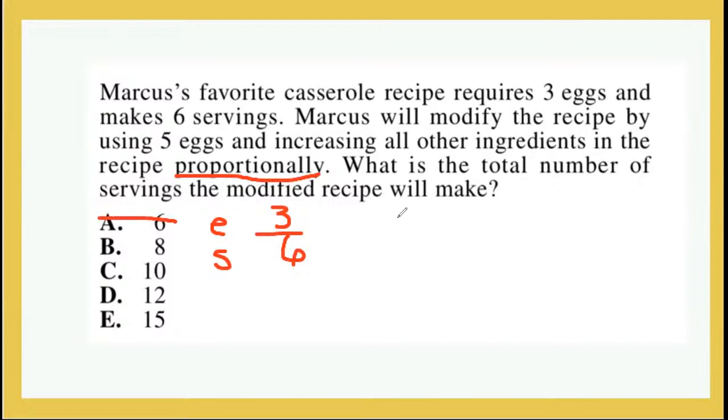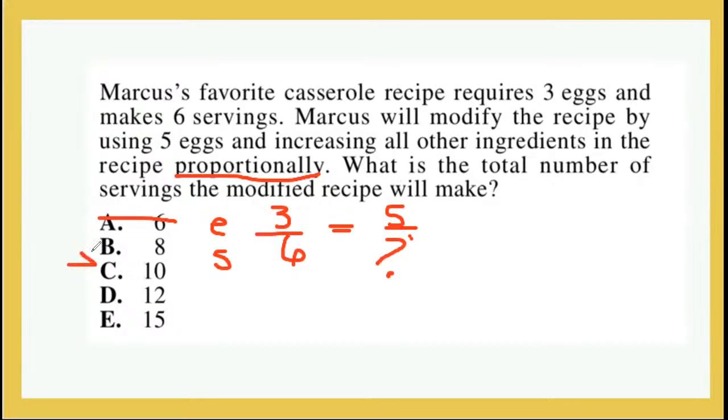So we know Marcus is going to be using 5 eggs. And there's your proportion. One ratio equal to another ratio is your proportion, right? But we want these ratios to be equal, so you can think of it like equivalent fractions. This is a half. I want this to be a half. So that means my bottom number would be 10.